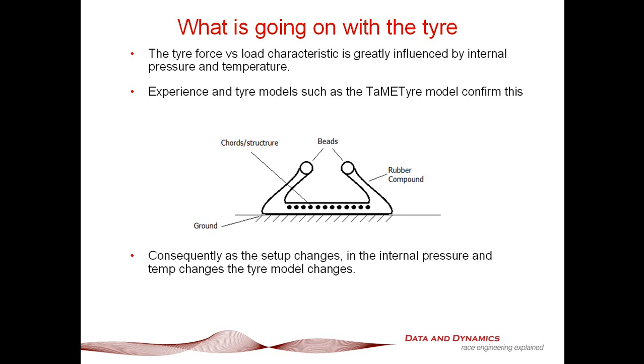What's going on here is that the tire force versus load characteristic is greatly influenced by internal pressure and temperature. This is something that anybody who has spent more than 5 minutes playing with a real race car will know by heart, because one of the first things you do when a race car comes into the pits is take tire pressures.